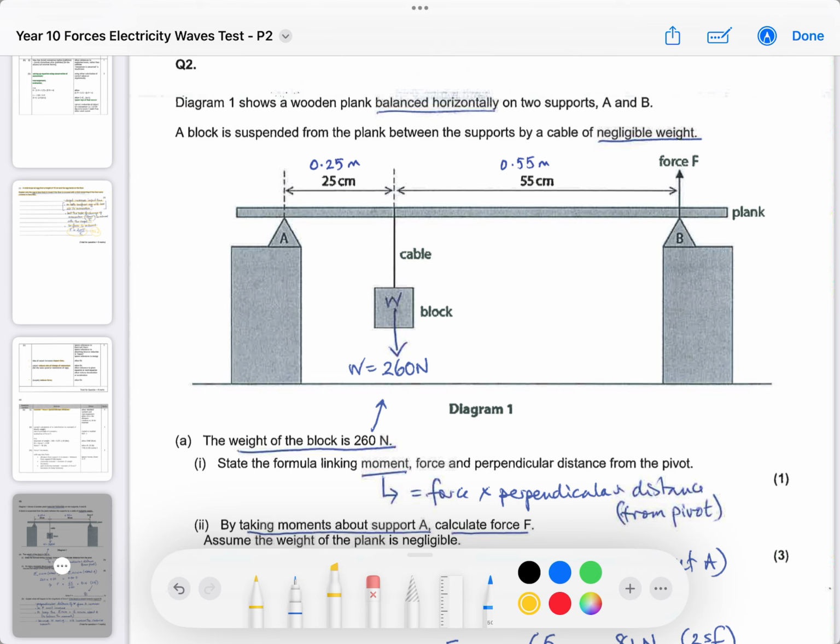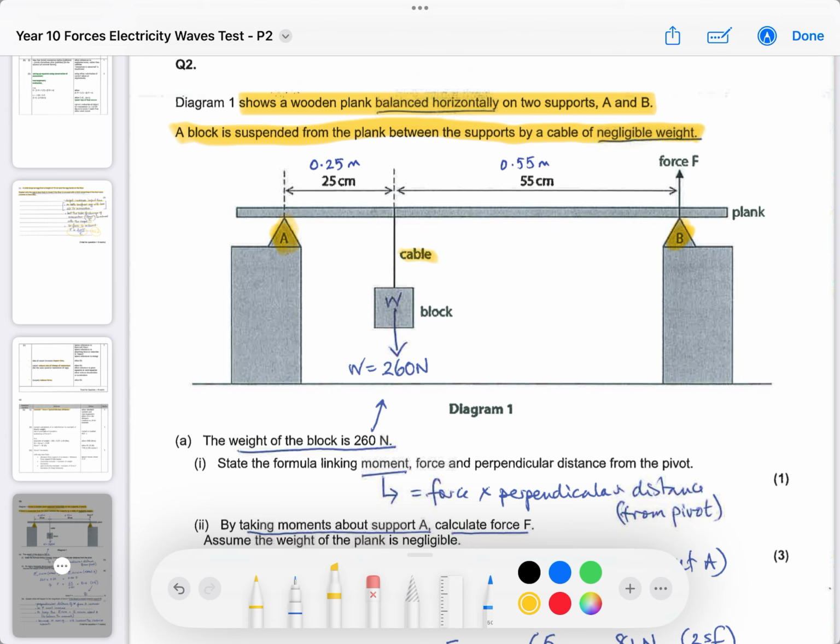So this question is about balancing moments. Okay, so clockwise and anti-clockwise. The diagram shows a plank balanced horizontally on two supports A and B. So supports are A and B, so they're taking the load. And it says a block is suspended from the plank between the supports by a cable of negligible weight.